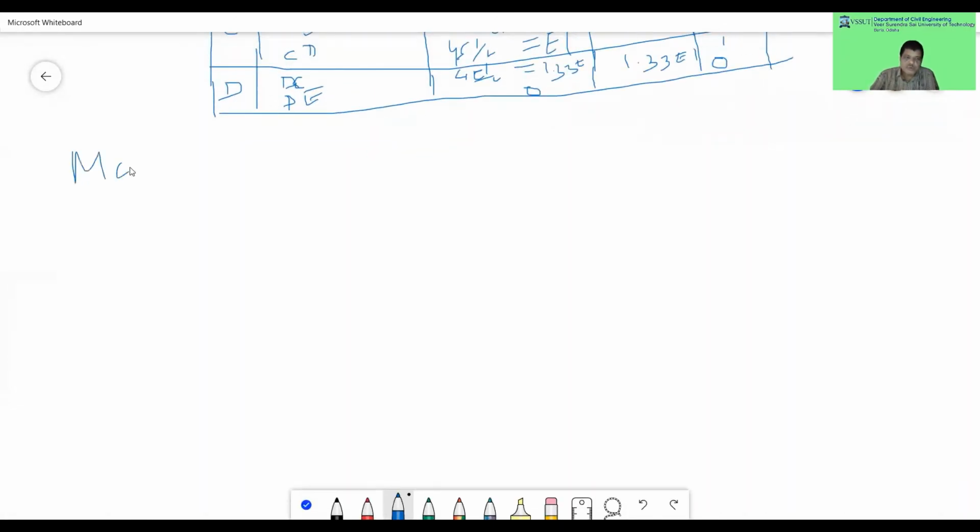Now let's go to the moment distribution. We have to start the moment distribution table, and we'll do one or two cycles, and then we can find out the values.